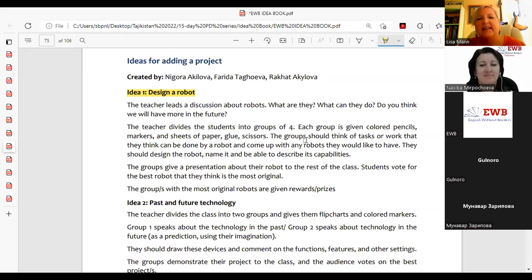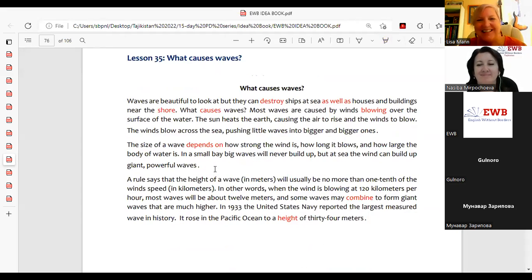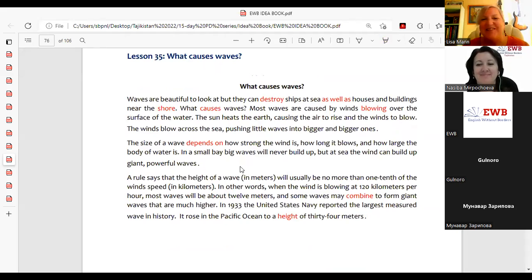Students in small groups design a robot, they say what the robot does, they draw pictures, and then they give a presentation. I thought this is a very nice way to connect a very fun and creative activity to the text that they read. The text is a little bit dry, so this is a way to make it a little bit more engaging.